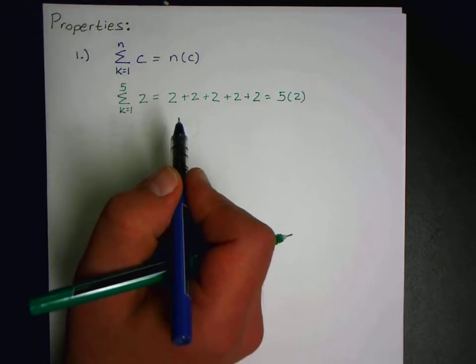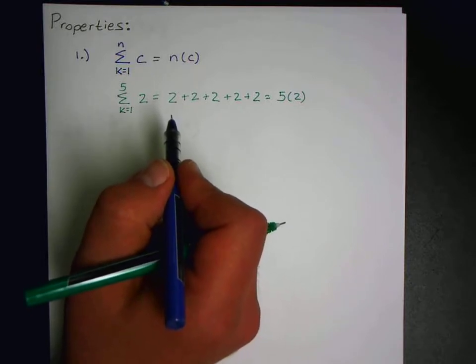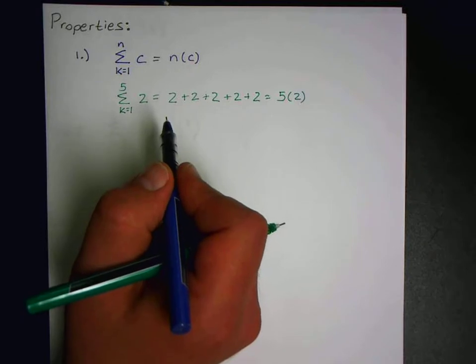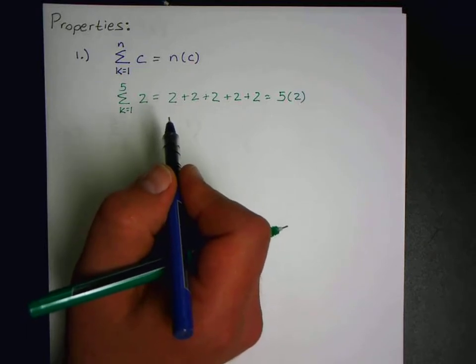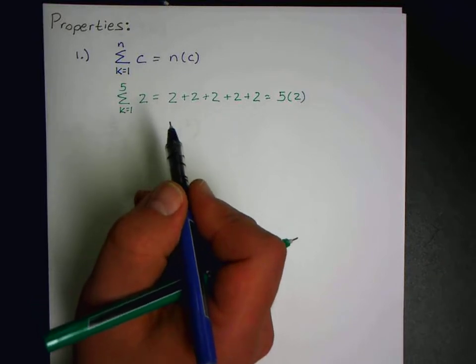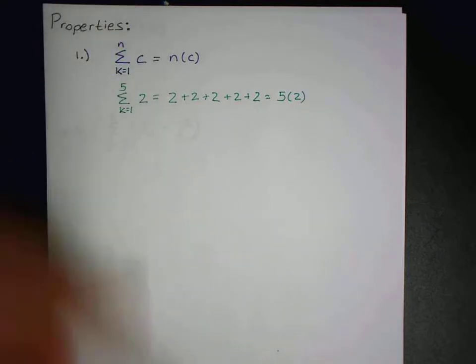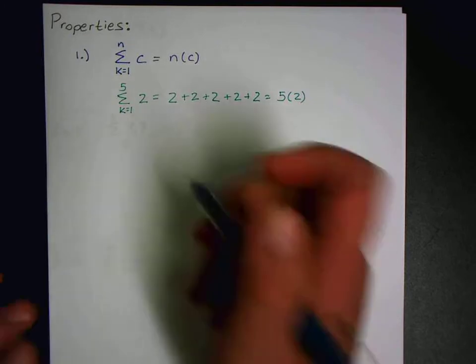So like if it goes from 3 to 6, so 3, 4, 5, 6, I'm actually adding it up 4 times. So then I could take 4 times 2. So just be aware of how that rule is written.